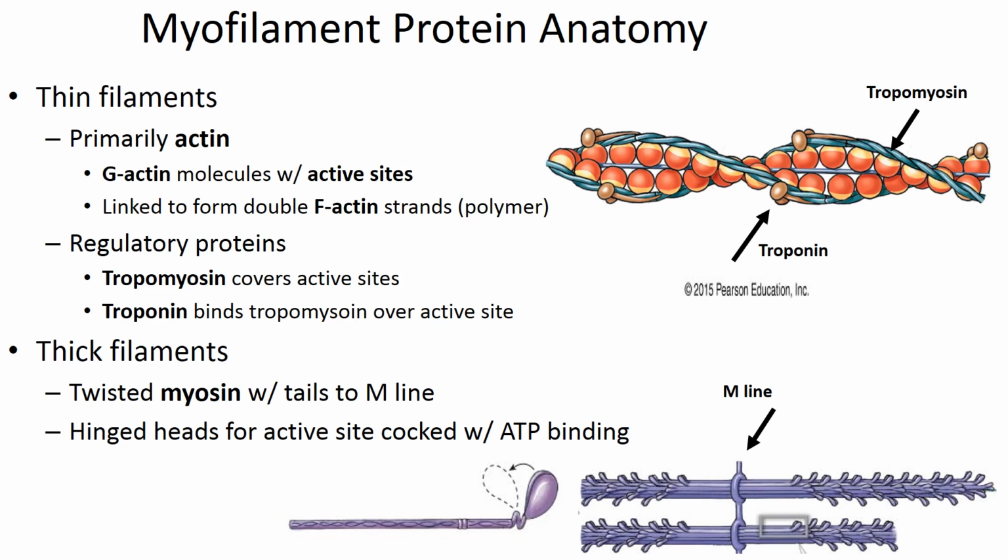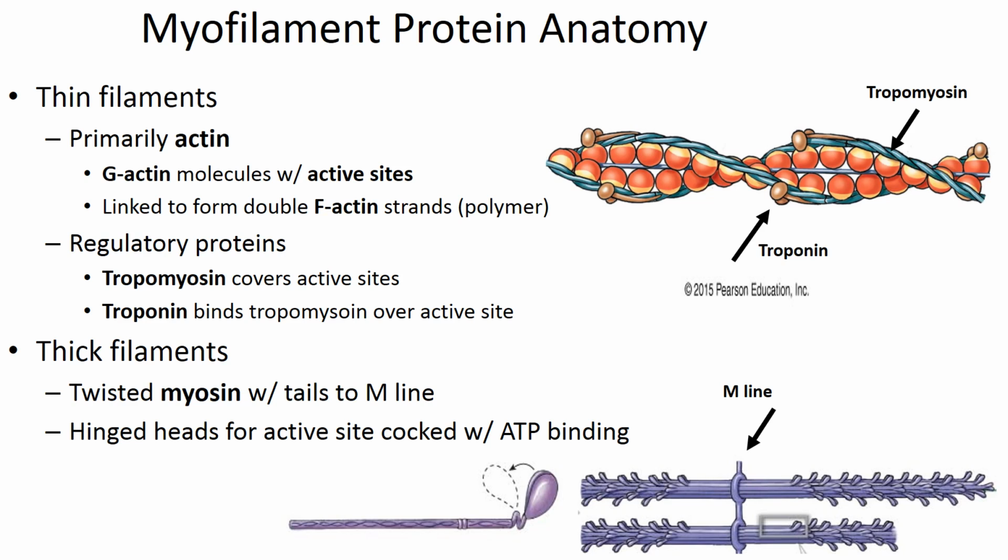And you also have some regulatory proteins, tropomyosin and troponin. Tropomyosin is a double-stranded protein that covers over the active sites of G-actin in a resting muscle. This prevents the actin and myosin fibers from interacting.